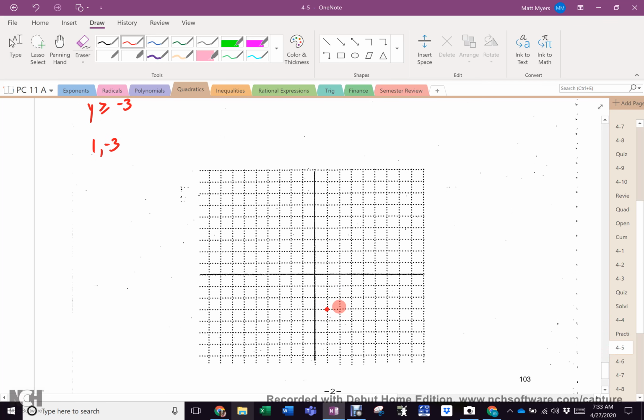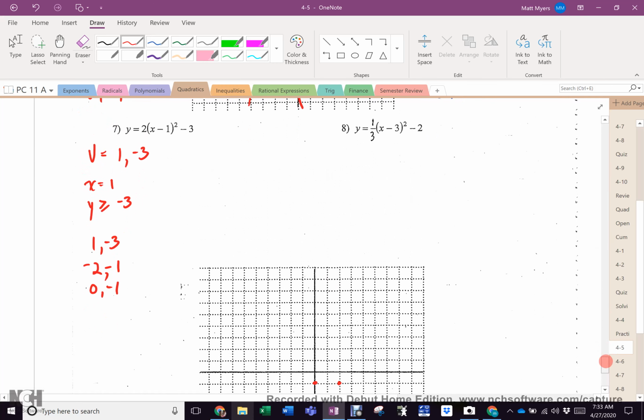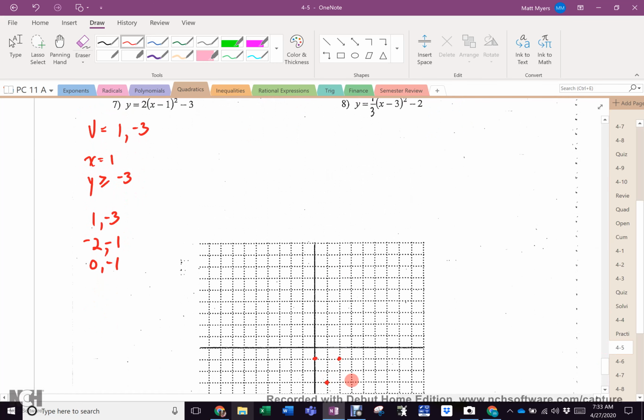So I go over 1 up 2 to get to -2, -1, 0, -1, over 2 up 8, because it's got a stretch of 2. 1, 2, 3, 4, 5, 6, 7, 8, which is 3, 5, and -1, 5.